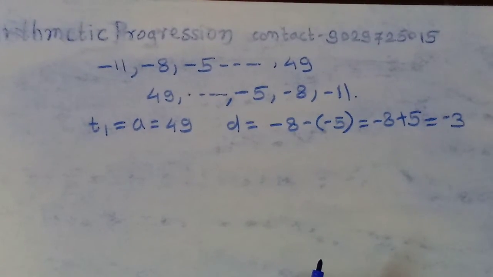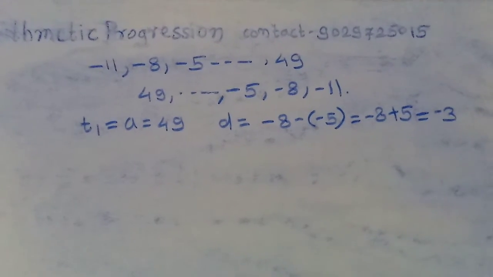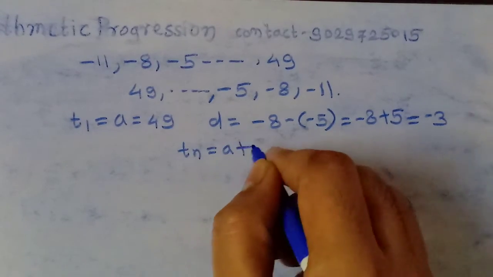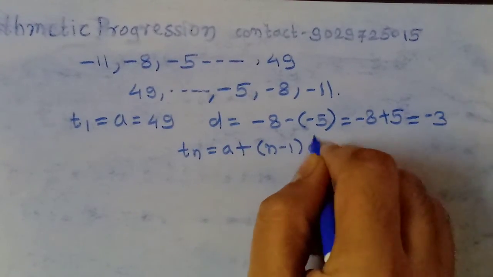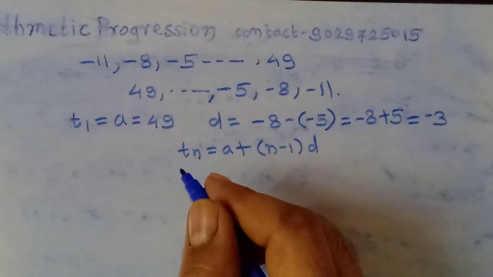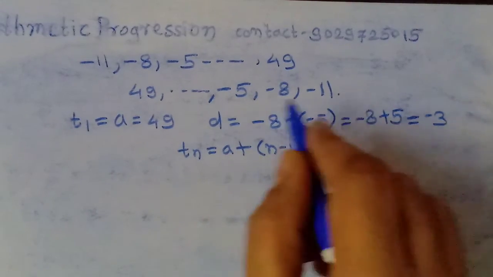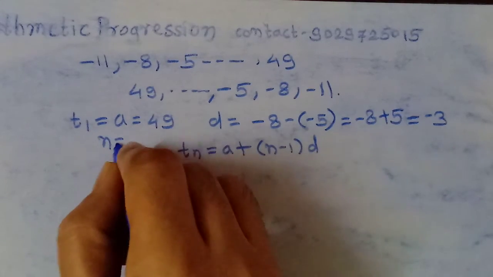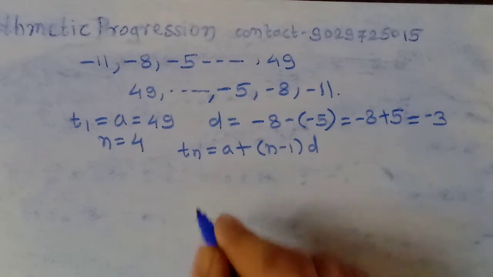Okay, then Tn is equal to, what is the formula for Tn? Tn is equal to a plus (n minus 1) into d. Now we have to find the fourth term from this side, that is n is equal to 4.